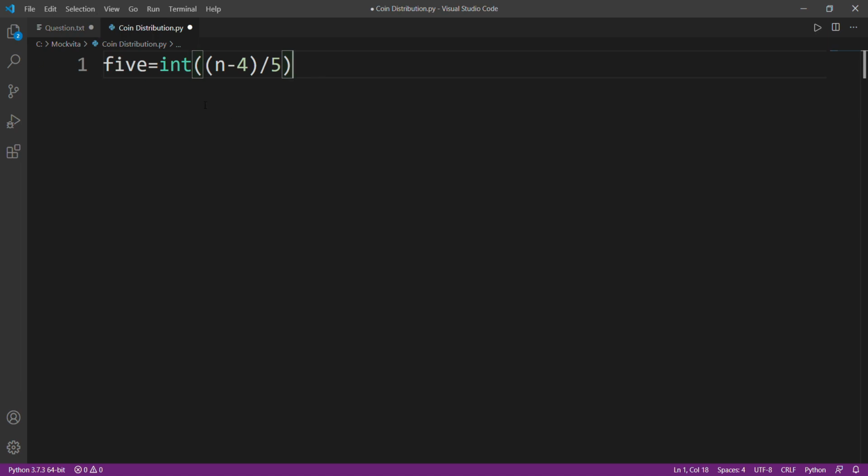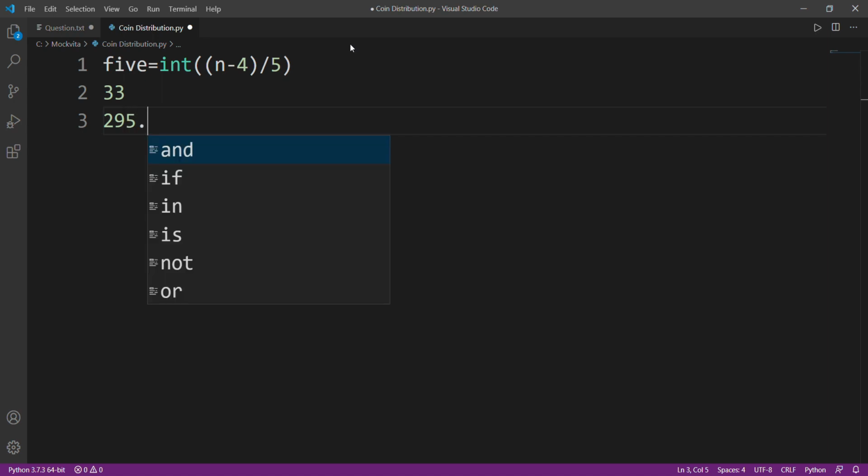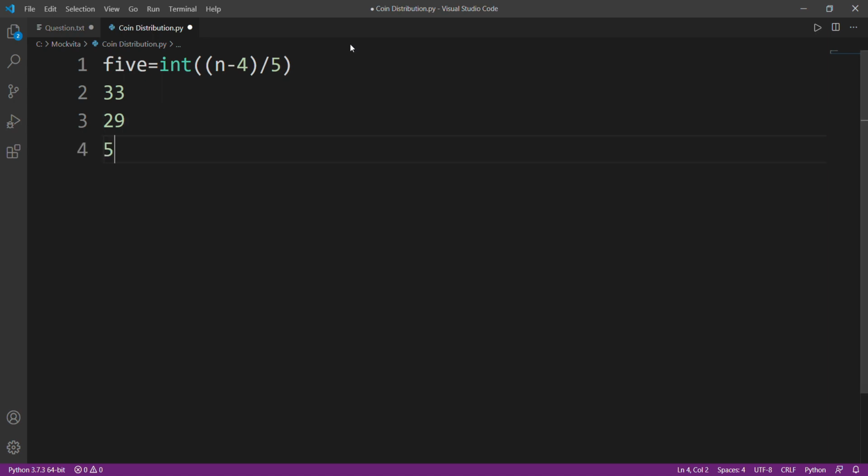Now suppose I had to make 33, as we have already seen. So 33 minus 4 will give me 29. Now 29 divided by 5 will give me 5.8 maybe. After that, I'll typecast it into int. It will lose all its decimal values, and I'll get my answer 5.